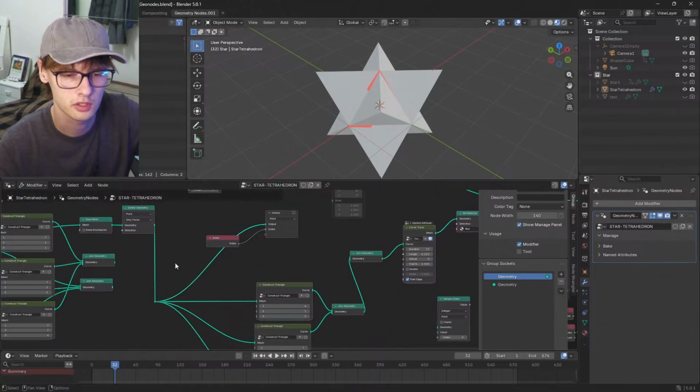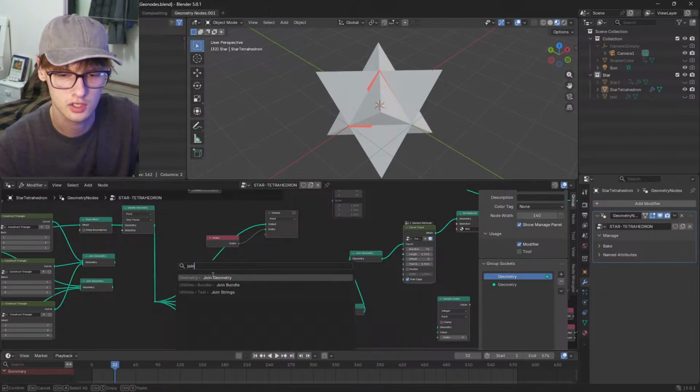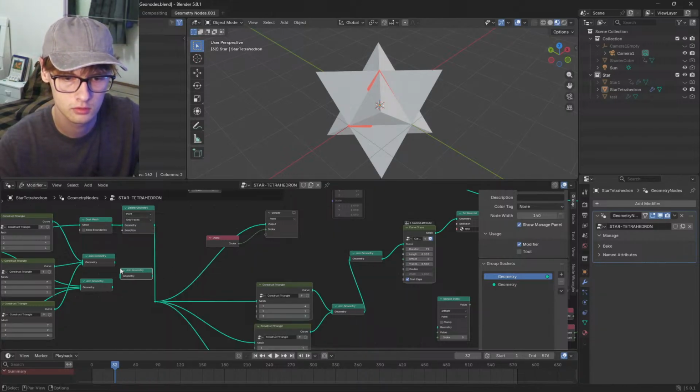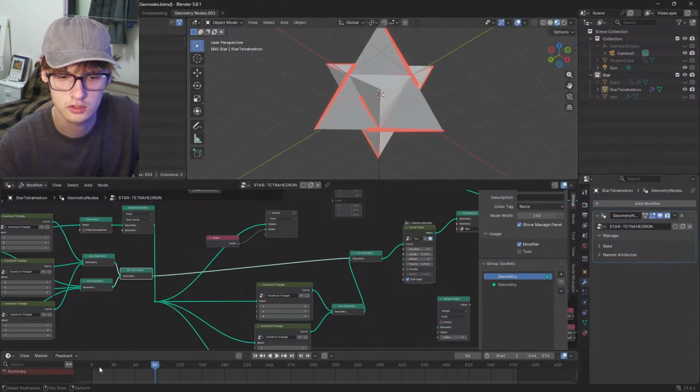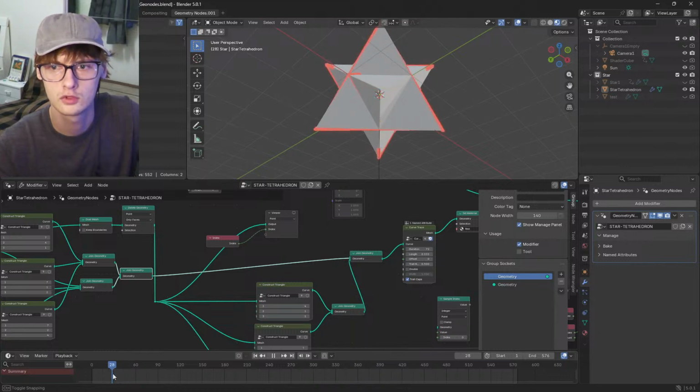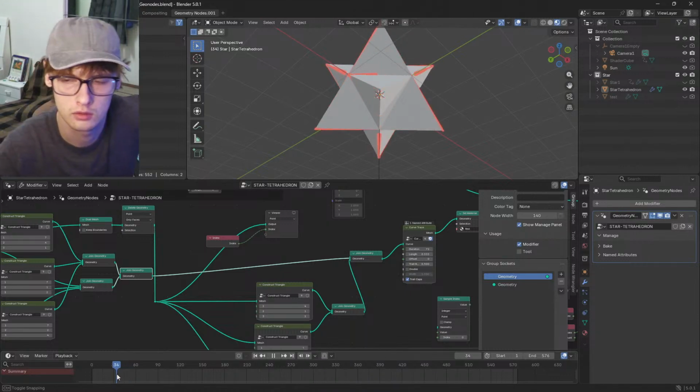What did these look like again? The big triangles that I made. There's so many things I have to keep track of in my head to make this work. Which end has... yeah, those triangles coming together.